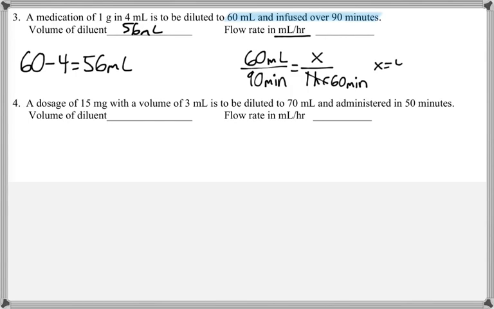So this is 40 mLs per hour. So we knew the rate was 60 mLs per 90 minutes, and using this proportion we figured out what that is in per hour.